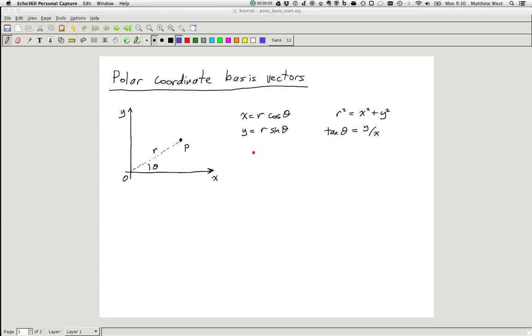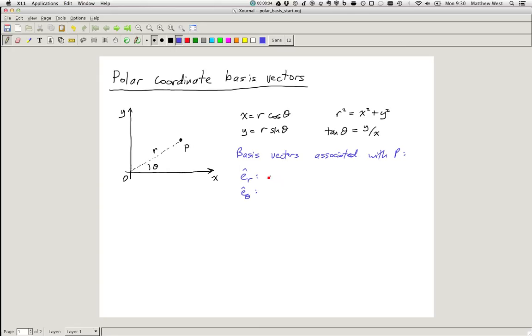Polar coordinate basis vectors. So we have here the point P in 2D, and we've drawn the polar coordinates r and theta, which tell us the location of point P in 2D. And now we want to go further than just the location, and we want to define two basis vectors which are going to be associated with point P. We're going to call these e_r hat and e_theta hat, so one for r and one for theta.